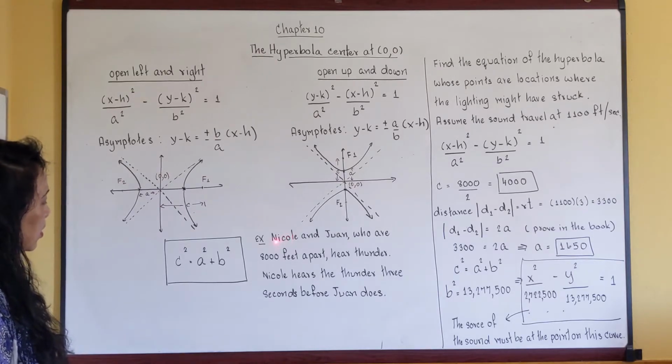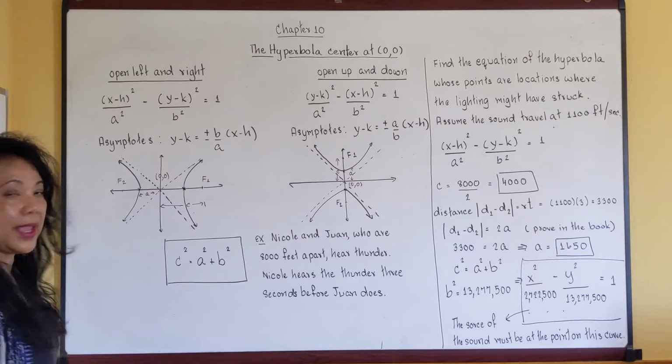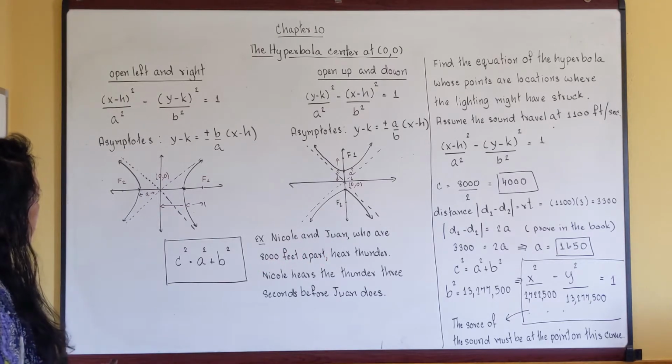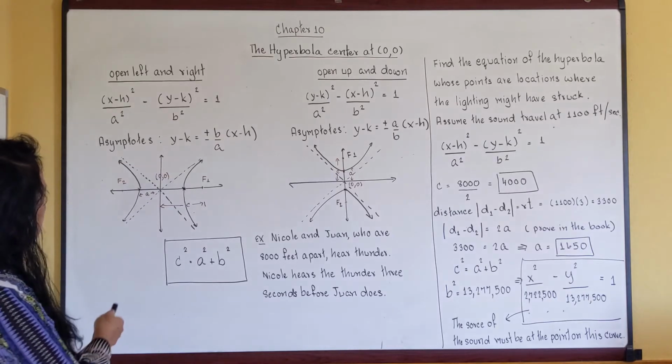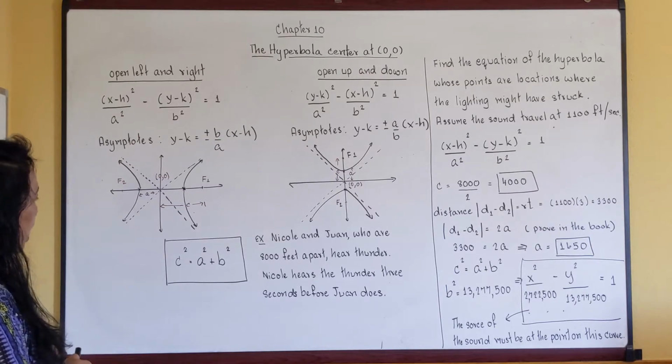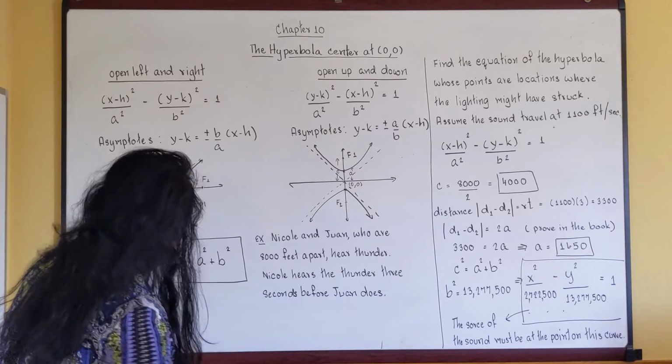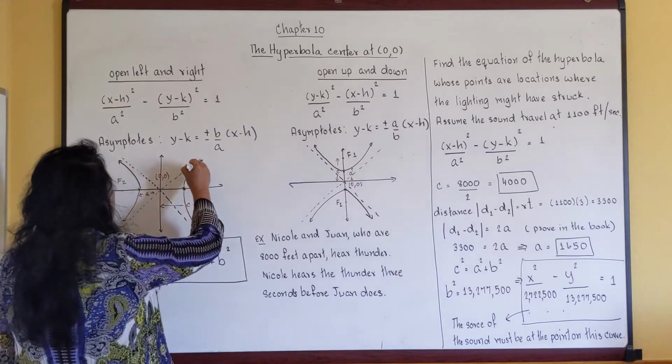There are two people. One is Nicole and the other one is Juan, and they are 8,000 feet apart. So we're going to use this graph. Nicole hears the thunder 3 seconds before Juan does. So let's say my thunder is here.